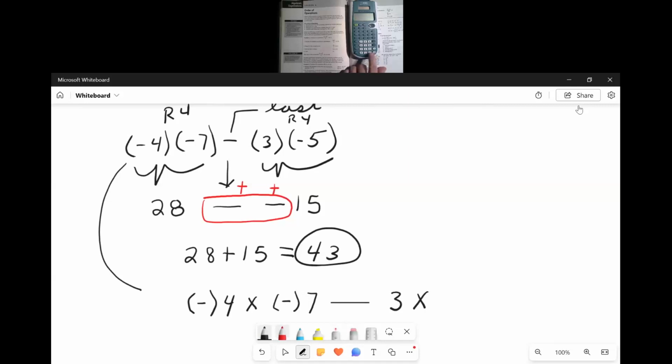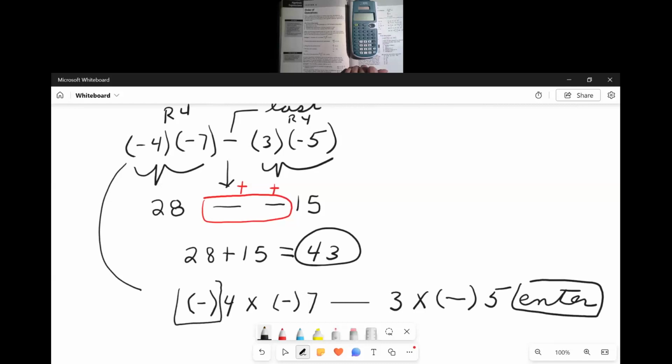You're going to type in that negative sign and 5. Enter. So again, these are keystrokes here. The negative is next to the enter key, and then you've got the operation subtraction, which is going to be here.